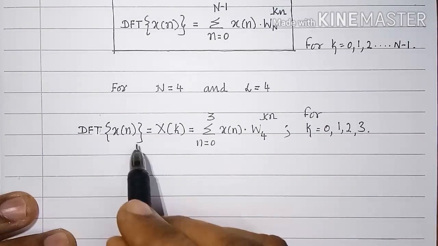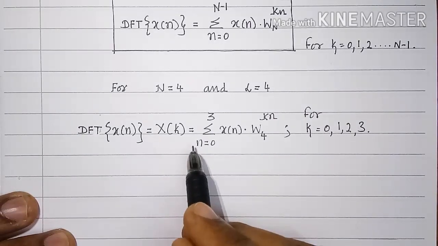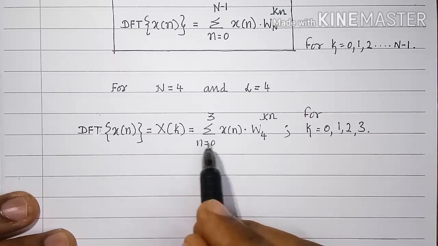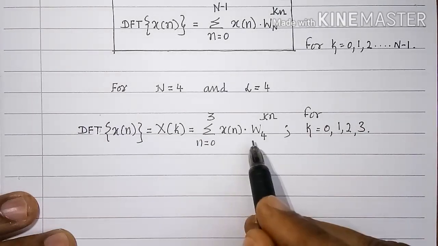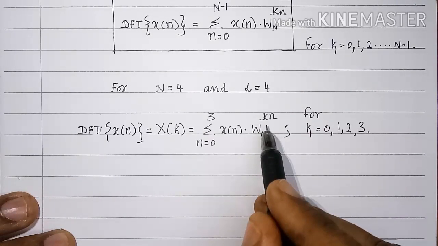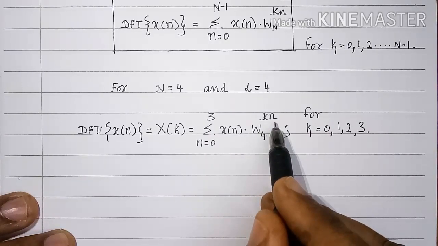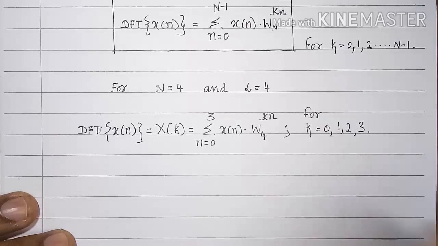DFT of x of n is equal to x of k, that is equal to summation n equal to 0 to 3 of x of n into, now we have to substitute for n equal to 4 and keep kn as it is, for k equal to 0 to 3.